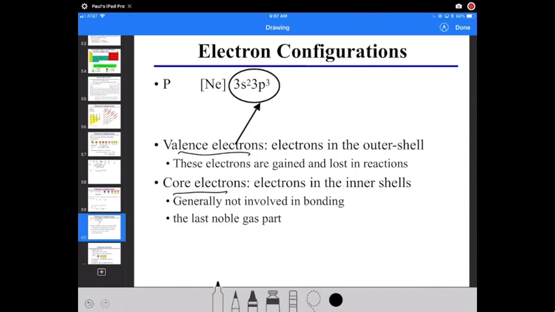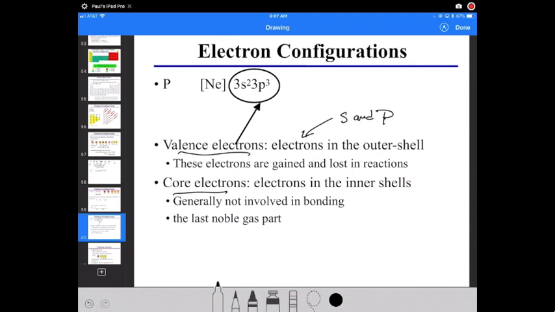Valence electrons are the ones that react. These are the ones that are gained and lost in chemical reactions. Here's a definition that most books use: valence electrons are the s and the p electrons only. Most of the time, we ignore d electrons because most of the time, the d electrons are not the ones that are reacting.